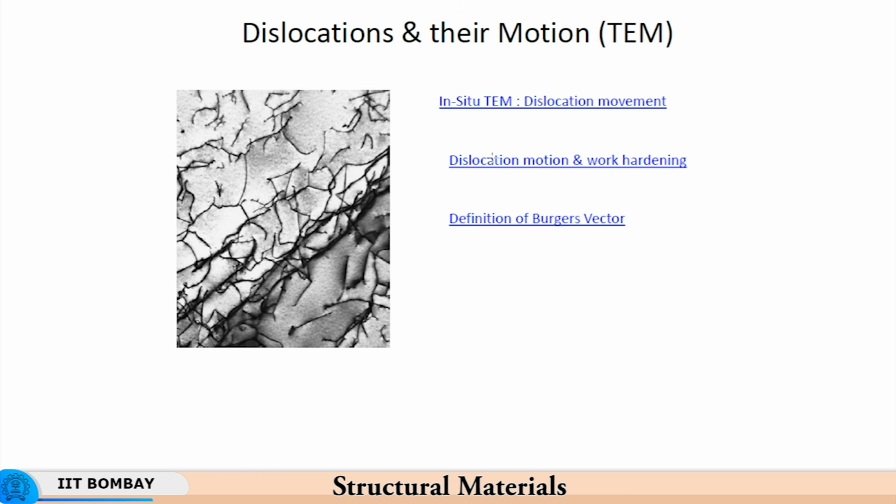Now here we see a picture which is obtained using a transmission electron microscope. We will see the characteristics of these devices, how they function and how they reveal the nature of materials, but the transmission electron microscope reveals the dislocations which are present in the material.